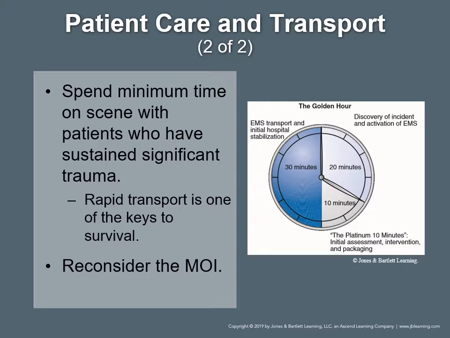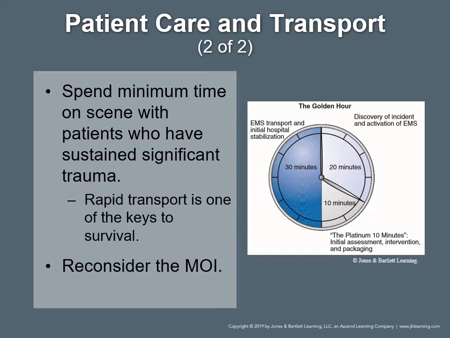Now, long ago, they coined this thing called the golden hour, and they found that trauma patients fared better if they were transported quickly to the hospital and in a surgery suite within an hour, so that a surgeon could fix the things that we can't fix inside.